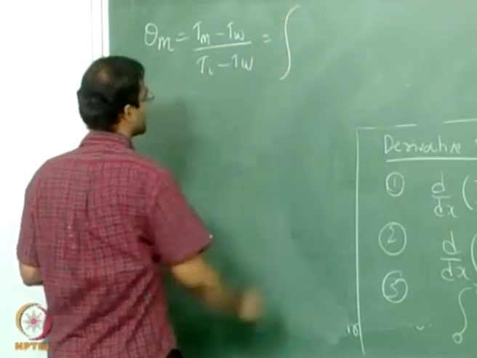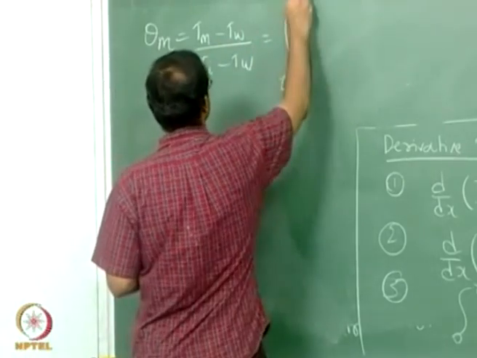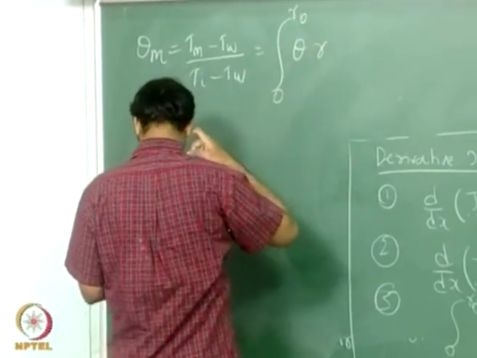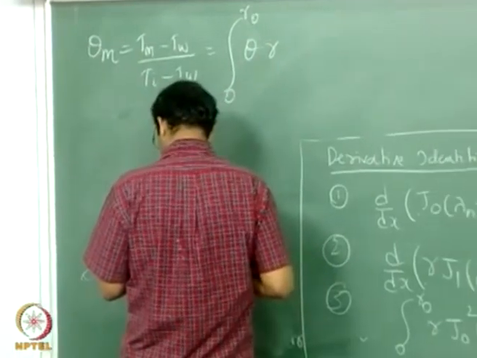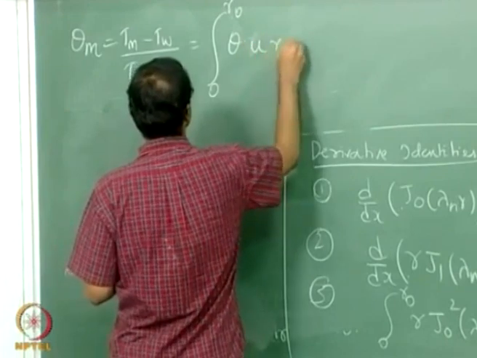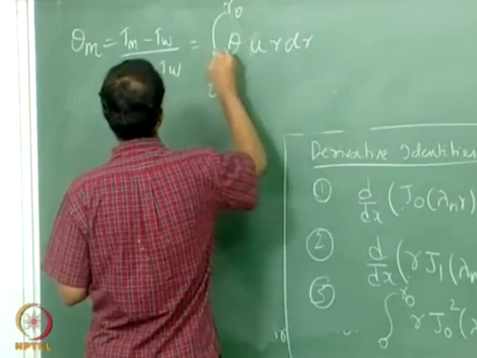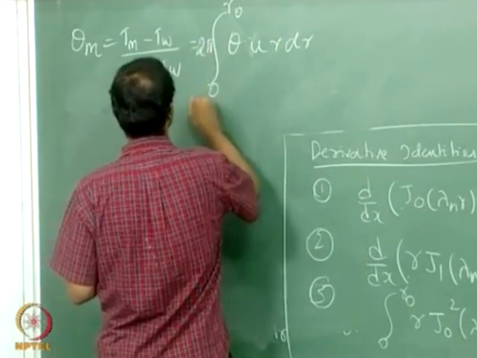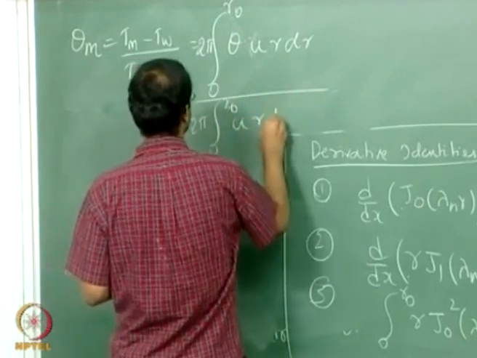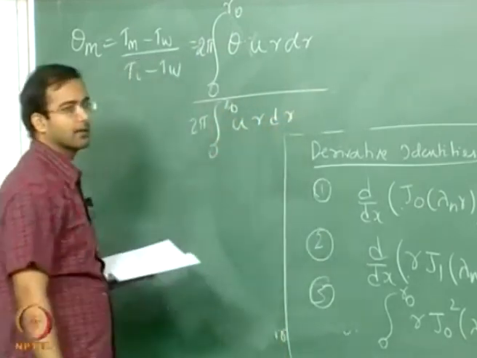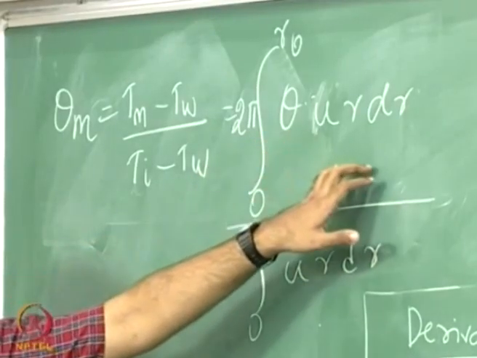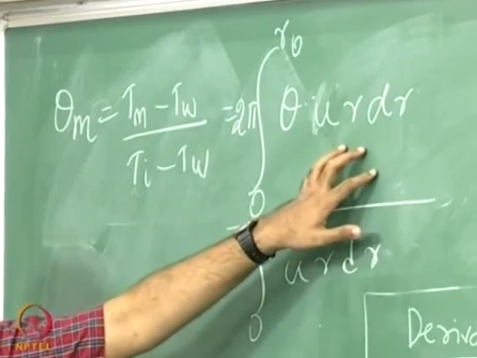So you take the mass weighted average of theta: integral of theta into u into r dr, of course with 2 pi, divided by integral 0 to r naught of 2 pi u of r dr, right. So this is how you define your bulk temperature or mean temperature, mass weighted average.